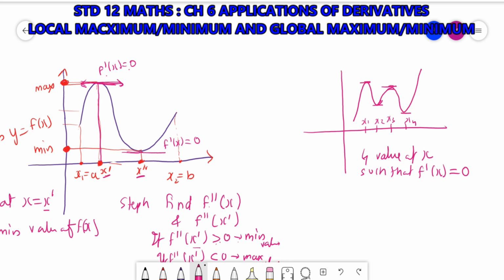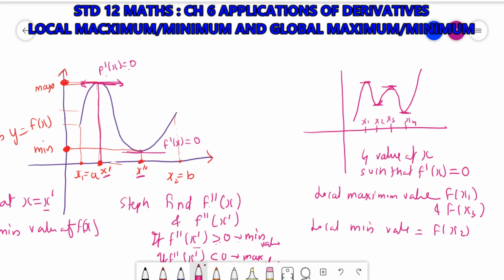These are called local maximum values. What will it be? f of x1 and f of x3. And local minimum value will be at x2 and x4, that is at f of x2 and f of x4.